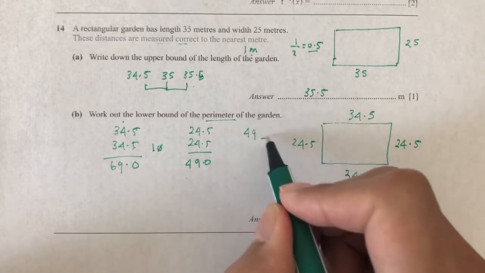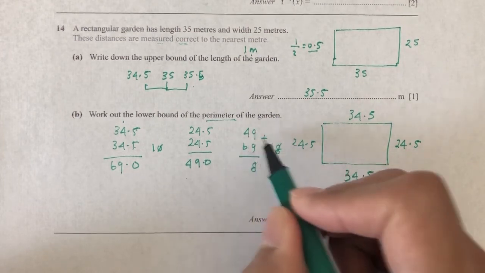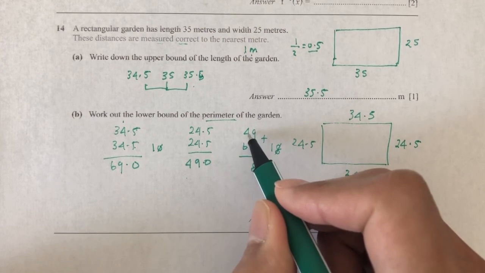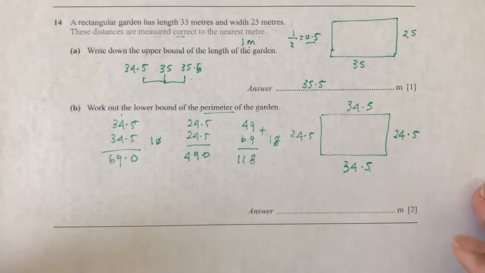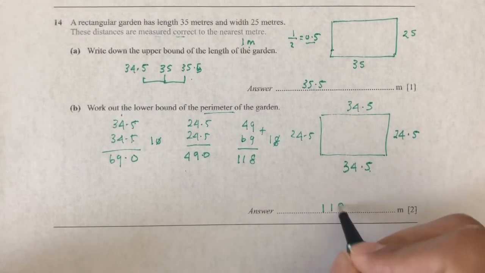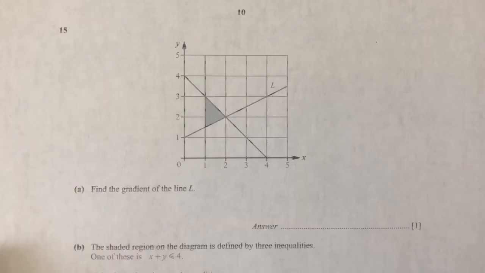So 49 plus 69, we have 9 plus 9 is 18, and then we have 1 goes here, so 4 plus 6 is 10, so 111. So your answer for part B will be 111 meters for the lower bound of the perimeter of the garden.